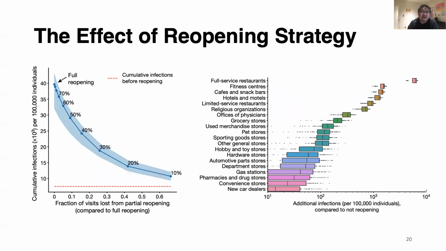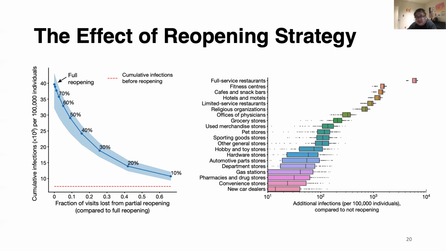They also examined the effect of different reopening strategies for the pandemic, based on the mobility network. And the figure shows the cumulative number of predicted infections after 1 month of reopening plotted against the fraction of visits lost by partial instead of full reopening.